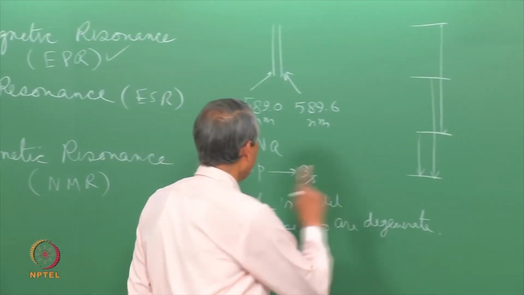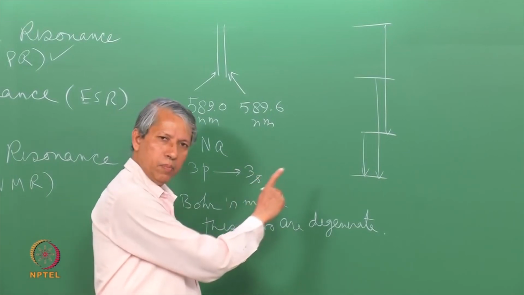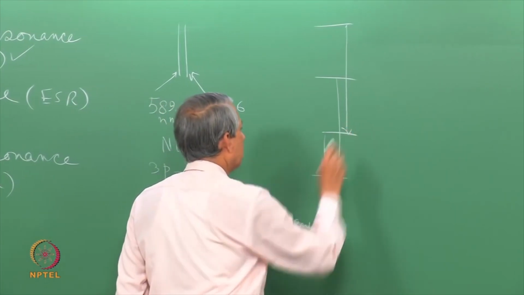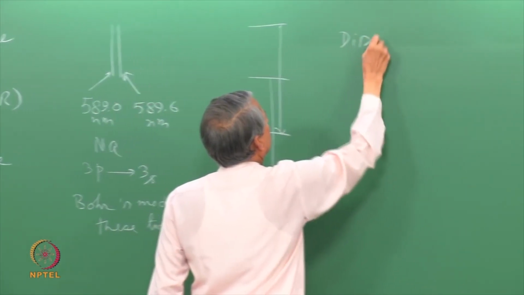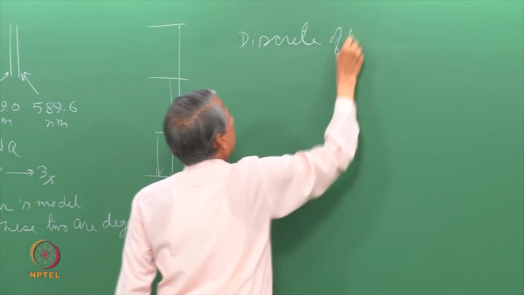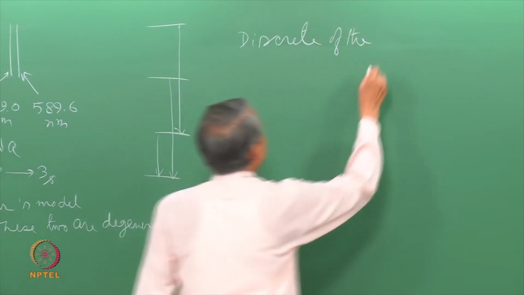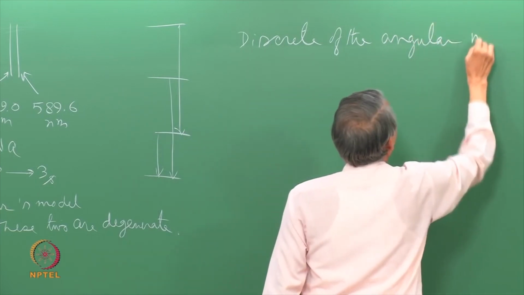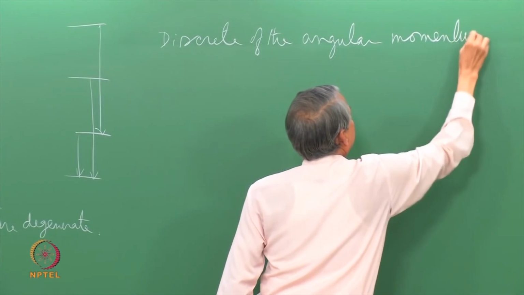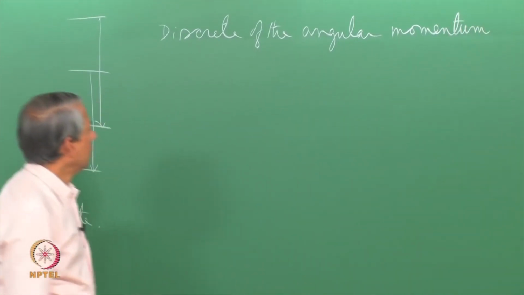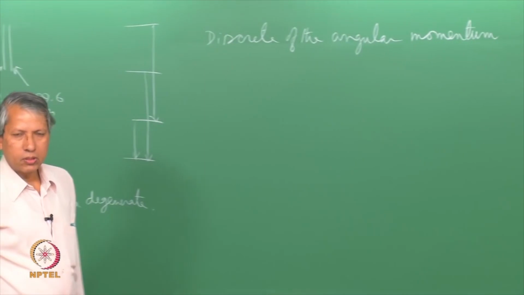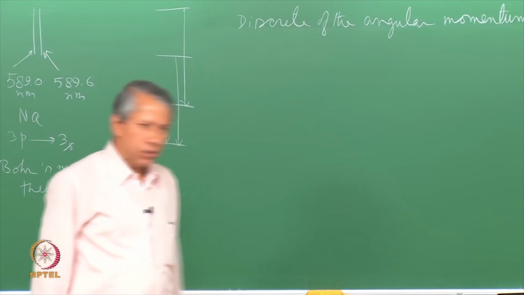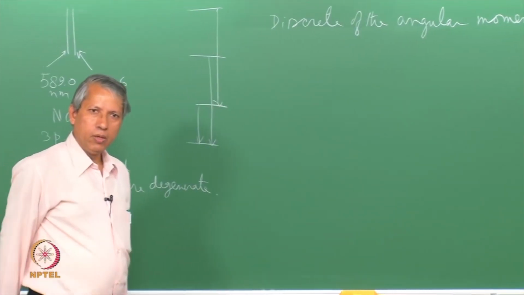But the Zeeman effect could be explained based on this model, because Bohr had another key ingredient in this model, that is the discrete nature of the angular momentum. Before that, it was assumed that angular momentum can take any arbitrary values, but Bohr said that no, it will take only discrete values.